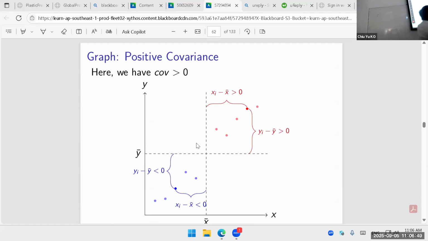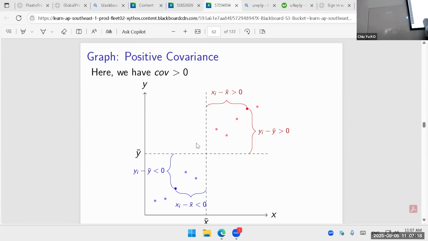So the data here, x bar, y bar. Remember what x bar is? X bar is the distance, all this distance is the same as all this distance. And y bar is where the distance below is the same as above. Okay, so this is a graph. And look at the southwest corner.